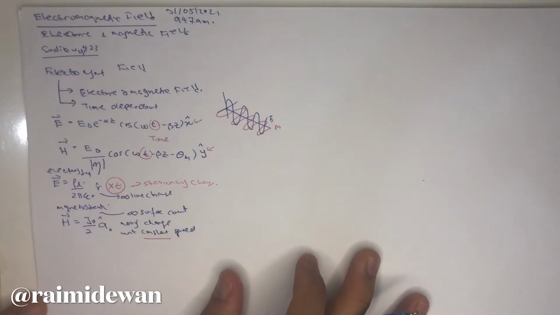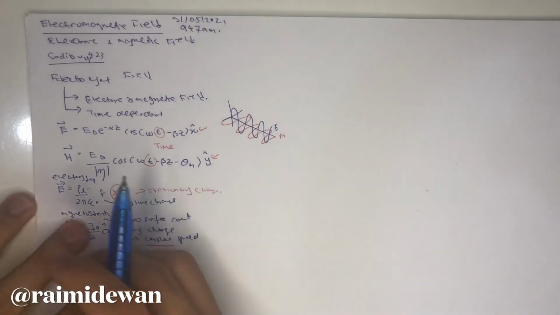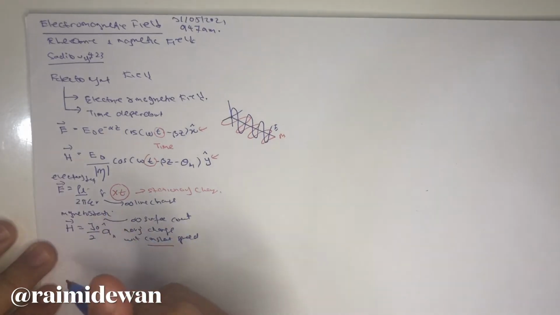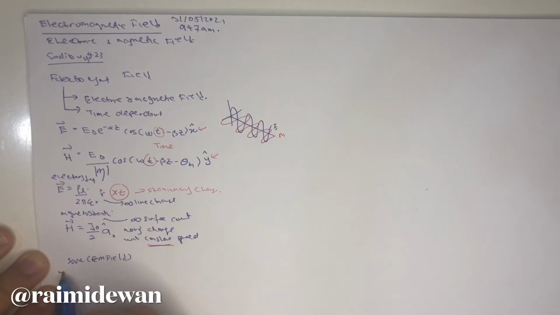I think you learned AC in secondary school. When alternating current happens, we will generate EM field as the product. For the sources, charges in magnetostatic are constant speed, but for the EM wave, the electromagnetic field, we will start to have charges moving at varying speed.